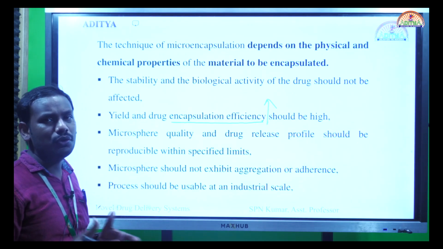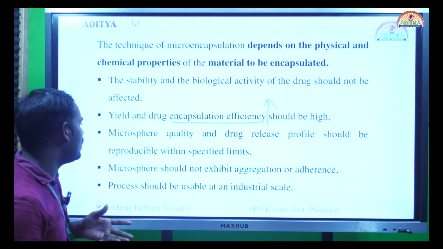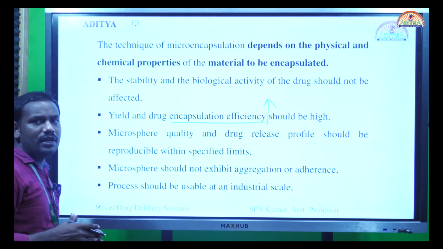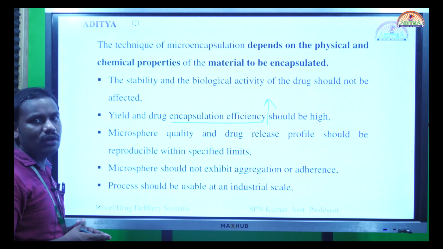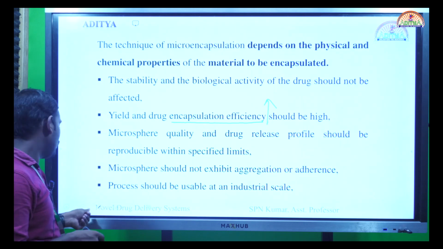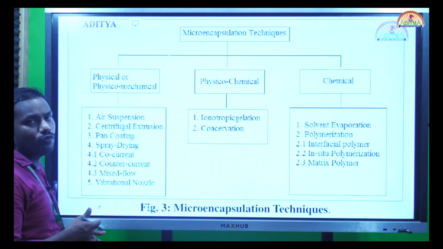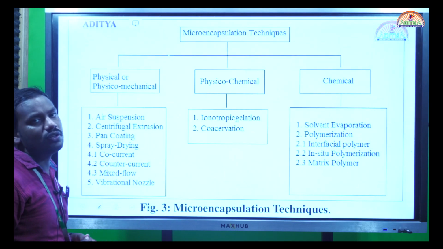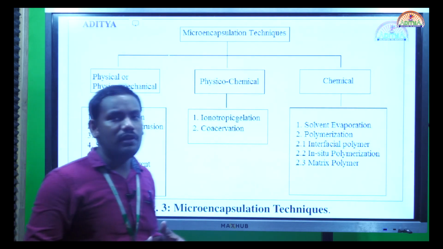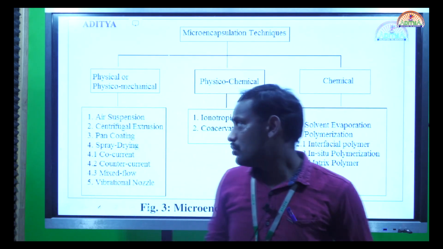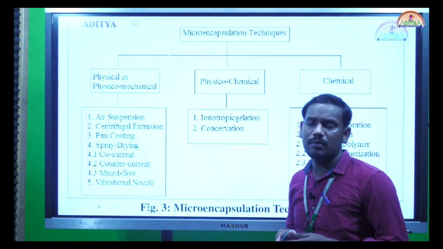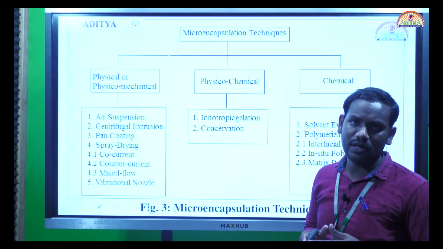Suppose you are working on a laboratory scale, we'll go for solid dispersion technique or some laboratory bench scale techniques to get your product done. So the method you choose depends on your drug material and the efficacy and performance you want, right? These are the various methods by which you can achieve microencapsulation.